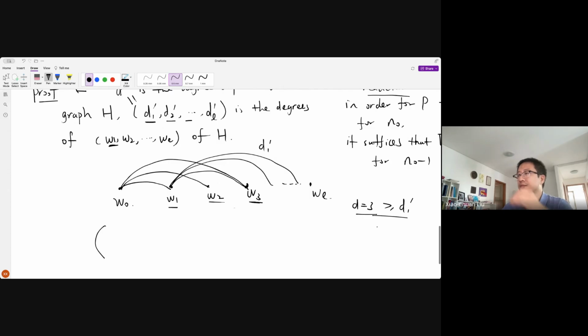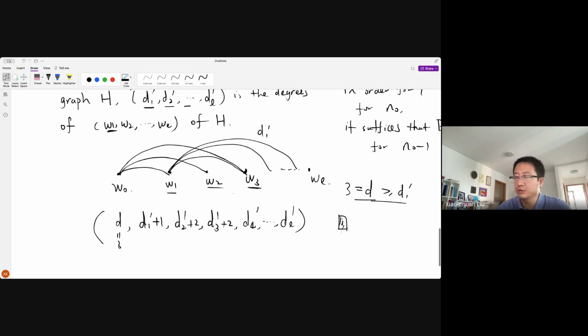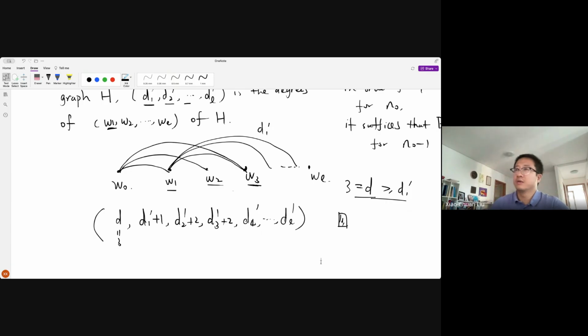So I choose an integer D, in this case 3, which is greater or equal than D1 prime. Then we get D, which is 3 here, and D1 prime plus 1, D2 prime plus 1, D3 prime plus 1, and the remaining doesn't change. Here you have D4 prime until DL prime. Okay, this is the proof. Do you accept? I mean, one direction.